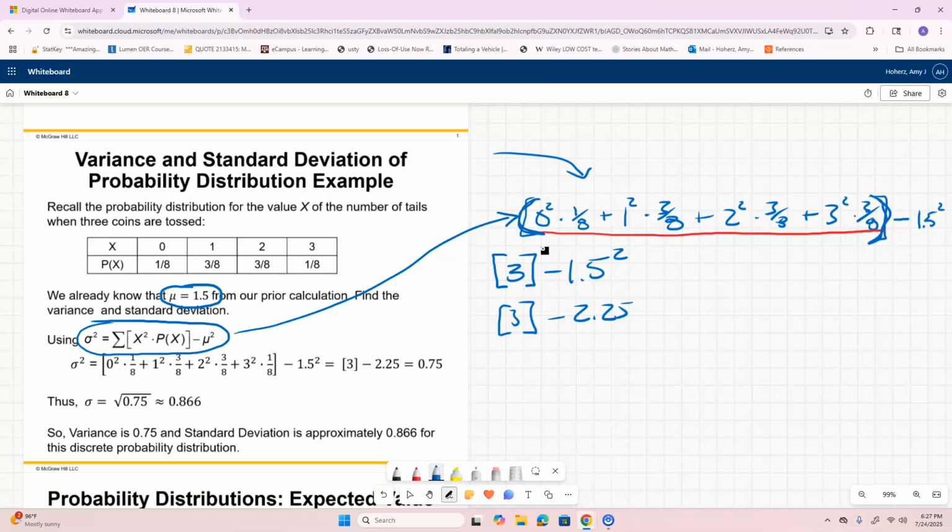And then that comes out to be 0.75. So in this case, the variance is 0.75, and then the standard deviation would be the square root of 0.75, which is approximately 0.866.